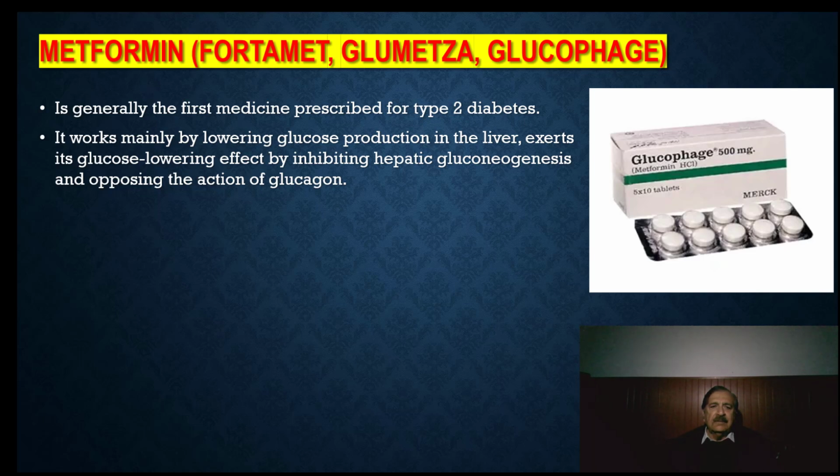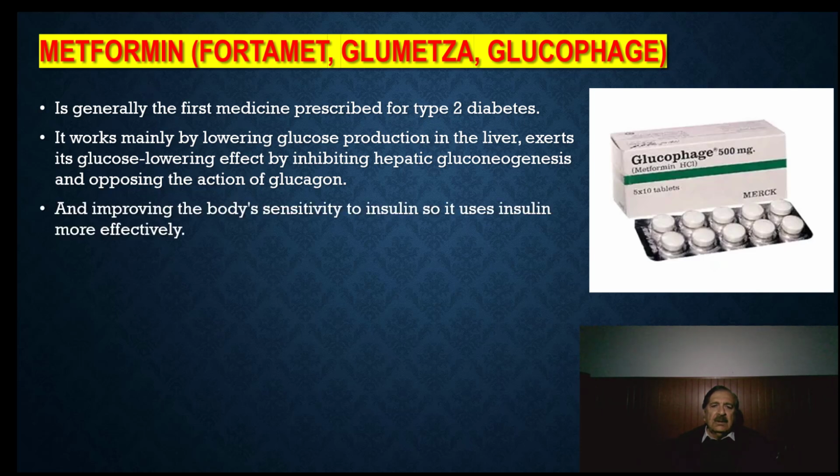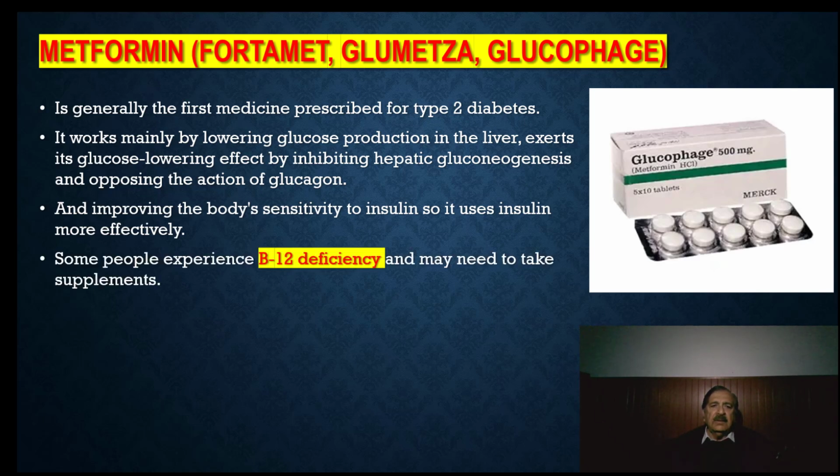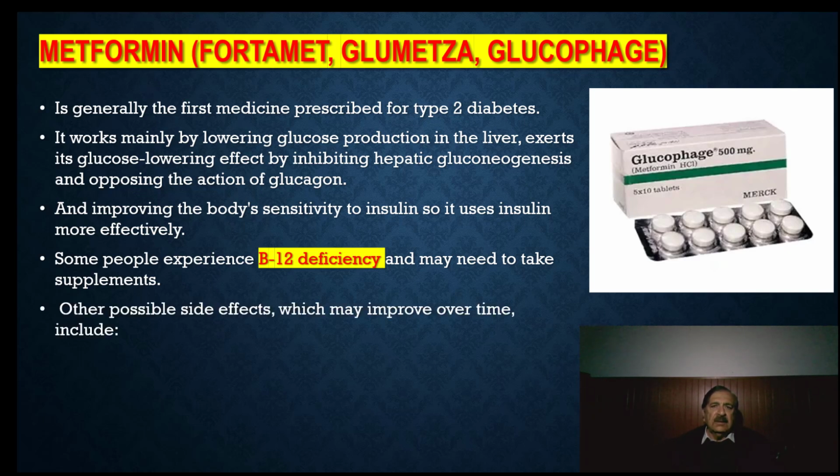It exerts its glucose-lowering effect by inhibiting hepatic gluconeogenesis and opposing the action of glucagon, and it improves the body's sensitivity to insulin so it uses insulin more effectively. Some people experience B12 deficiency and may need to take a supplement. Other possible side effects, which may improve over time, include nausea, abdominal pain, bloating, and diarrhea.